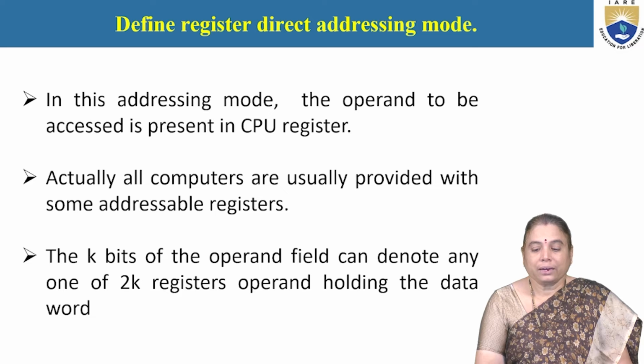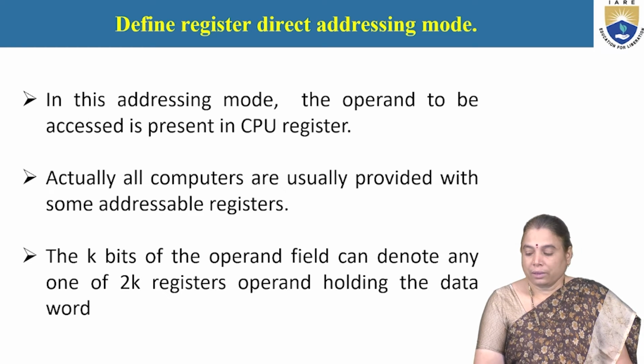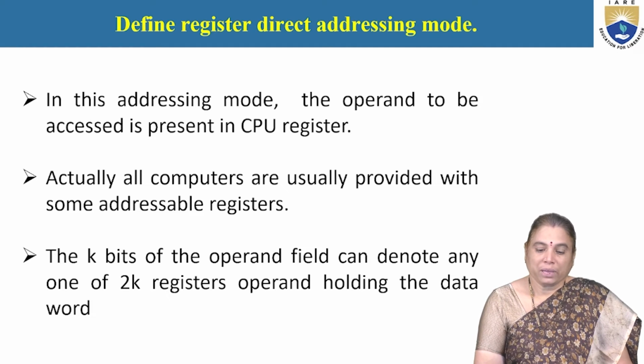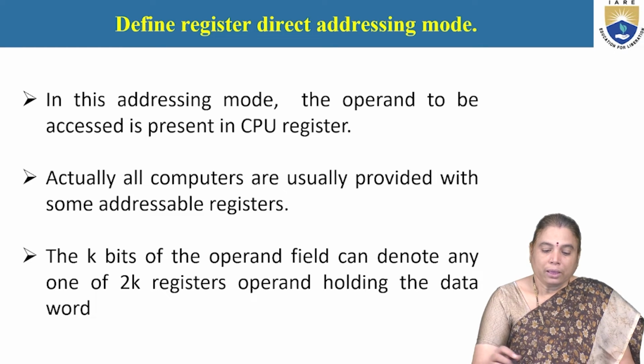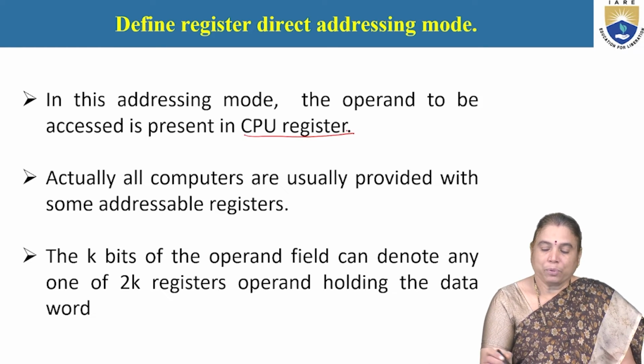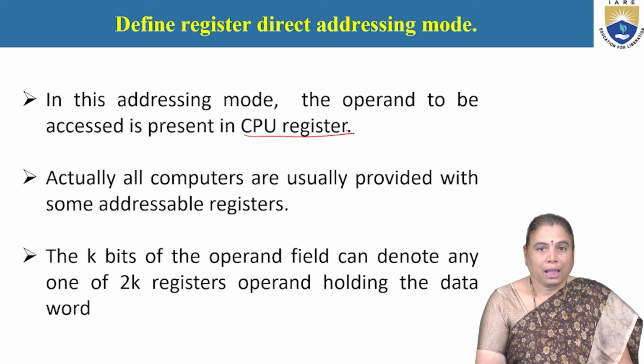Define register direct addressing mode. In register-referenced CPU architecture, this register direct addressing mode is used. In this addressing mode, the operand to be accessed is present in the CPU registers. With the help of CPU registers, the operand can be stored and retrieved.